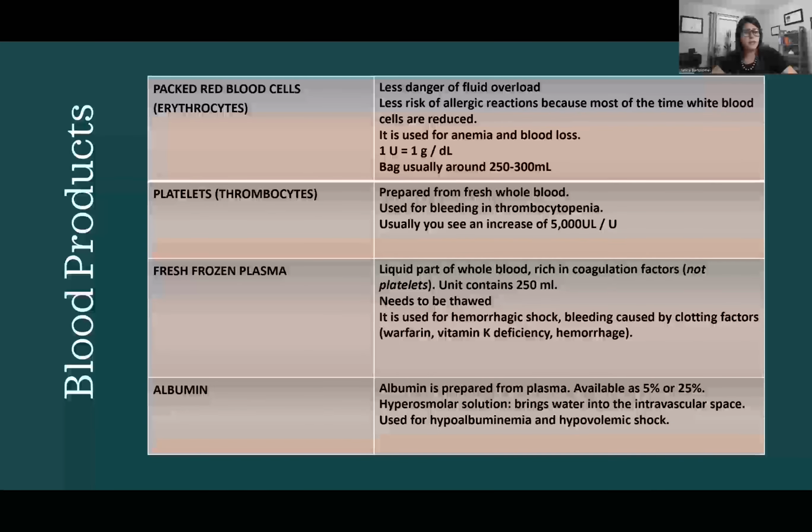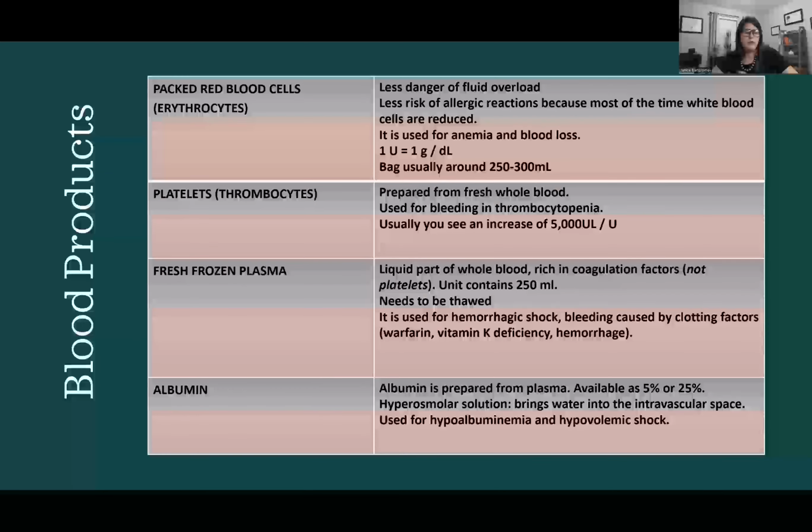Red blood cells are the most common type of cell that is transfused. There's less danger of fluid overload and less risk of people being allergic to it. It's very commonly used for anemia and blood loss.